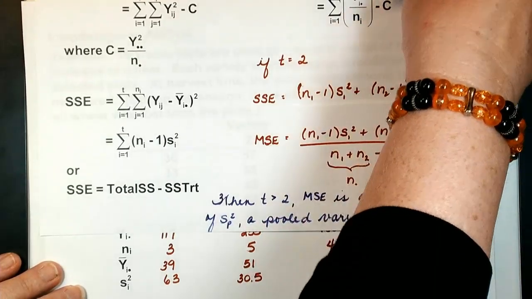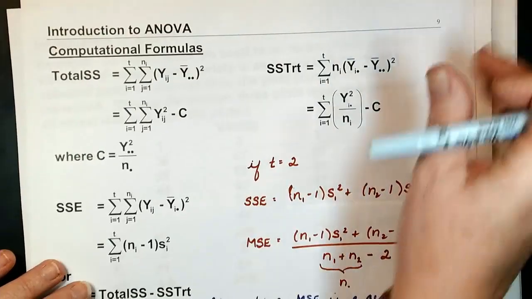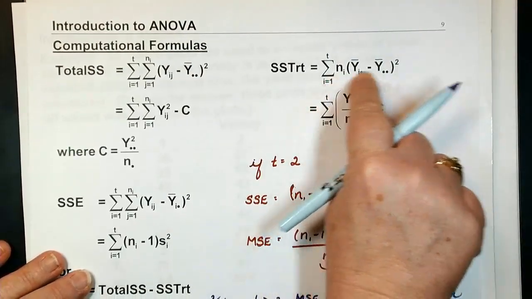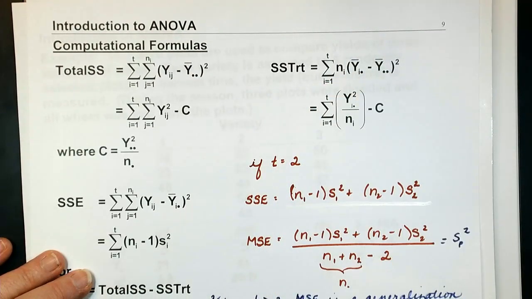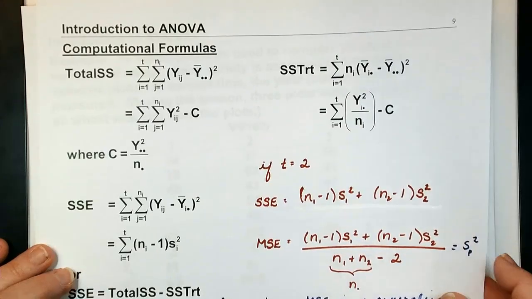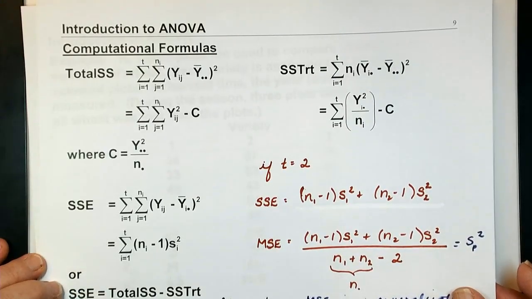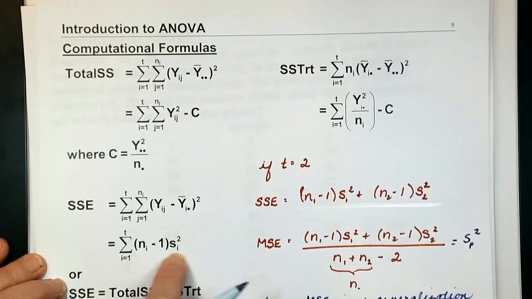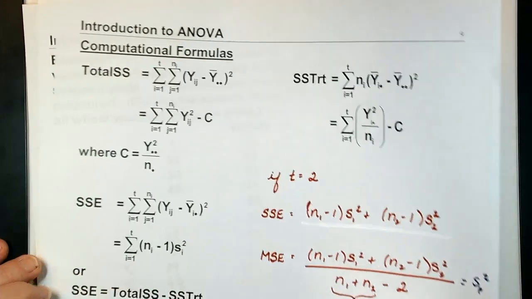And for only 3 groups, the sum of squares treatment form is pretty easy to work with. So using either one of those, we need sum of squares error and sum of squares treatment. Use this one for sum of squares error. Treatment, you can use either.